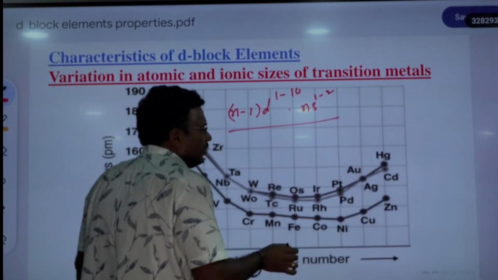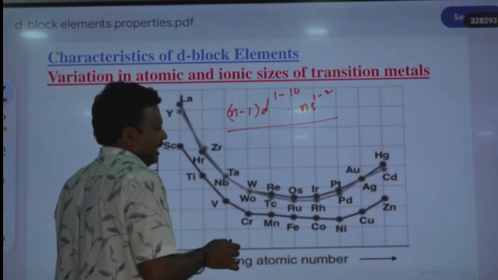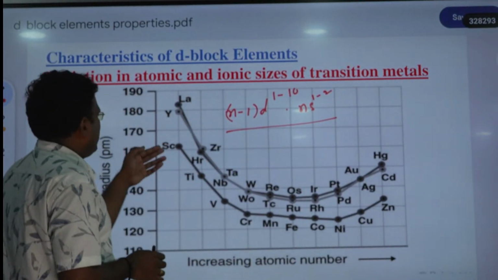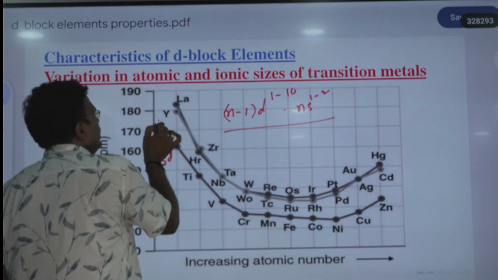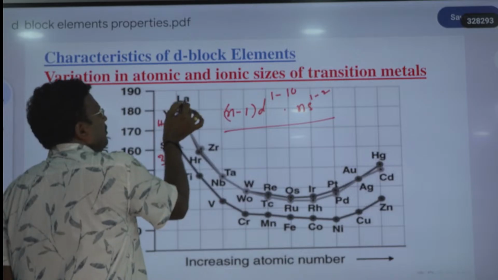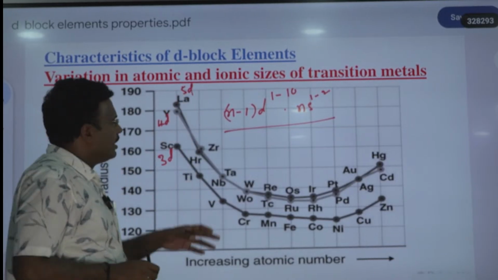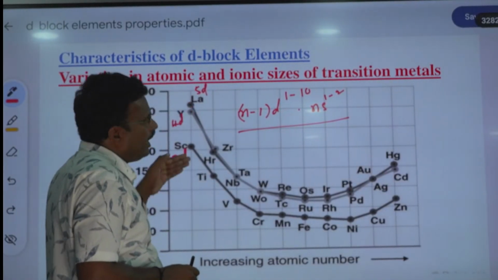Which of the following have the same atomic radii? In this graph, this is the 3d series, scandium, the 4d series, yttrium, and the 5d series, lanthanum. Okay, so in this 4d, 5d, and 6d, what happened?